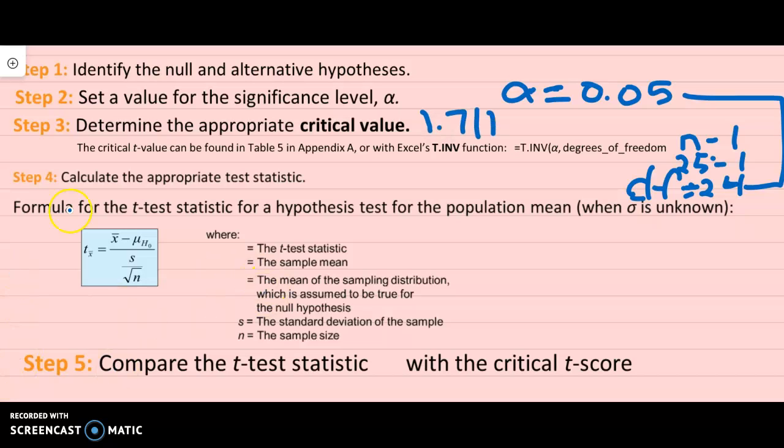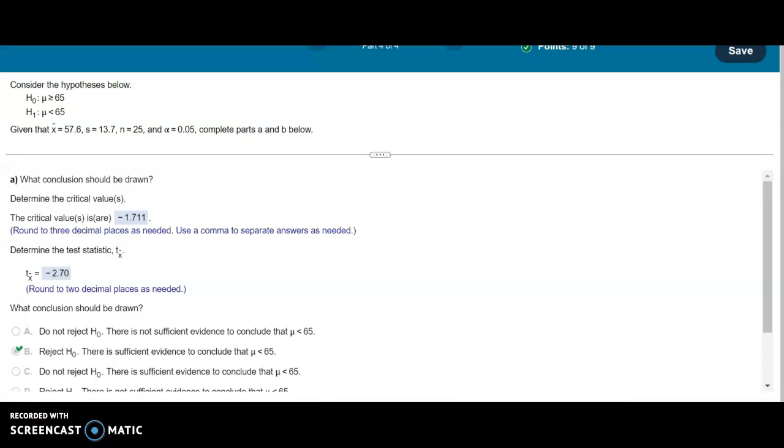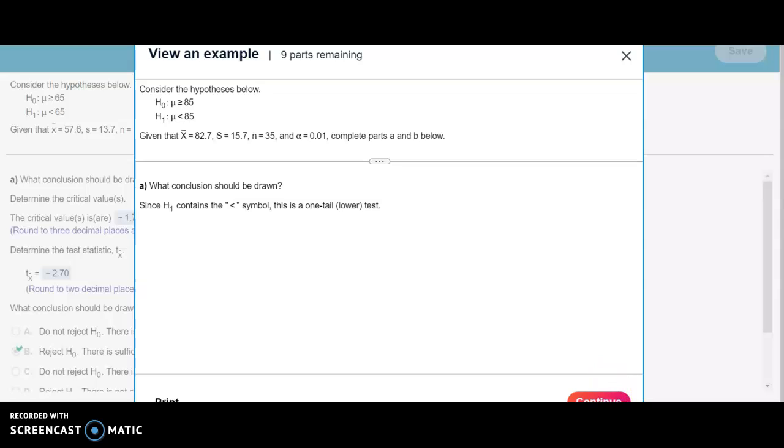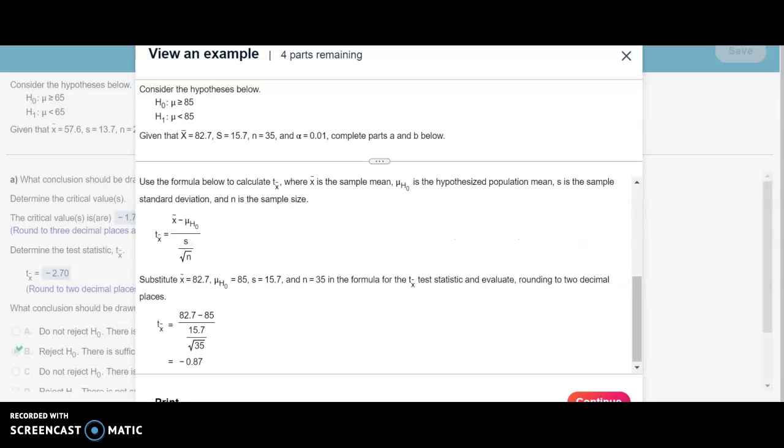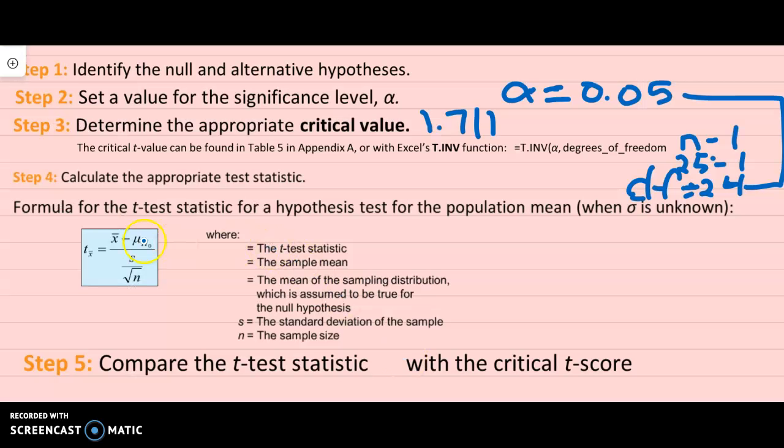So we are going through the steps here. Now we want to calculate the appropriate test statistic. And I believe in this problem, we are going to be using the formula. But let's just double check. Yes. Okay, so the formula is right here. So we'll just plug in our values.